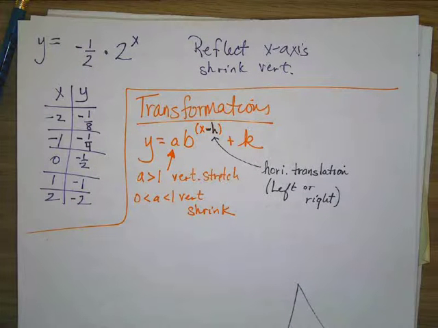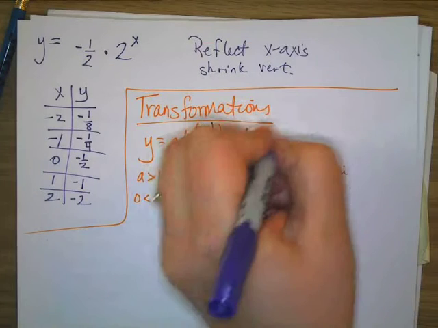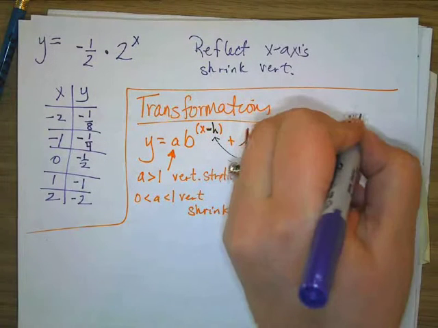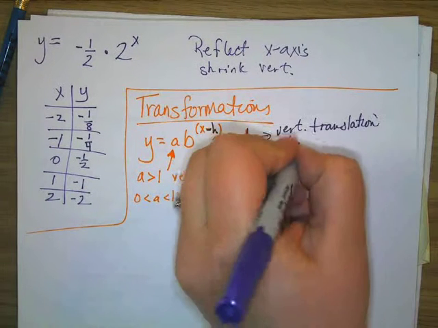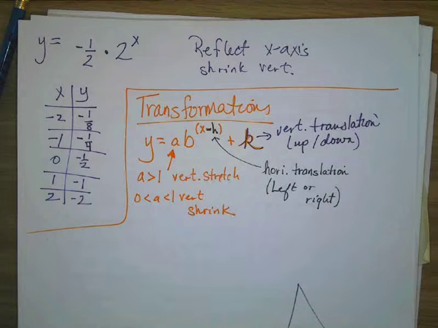And then what's the K on the back end do? This is the vertical translation, which means up and down. And the negative is the reflection.